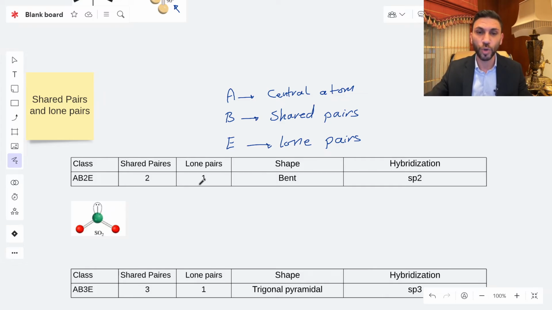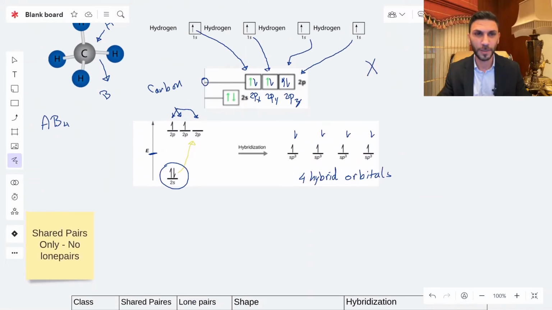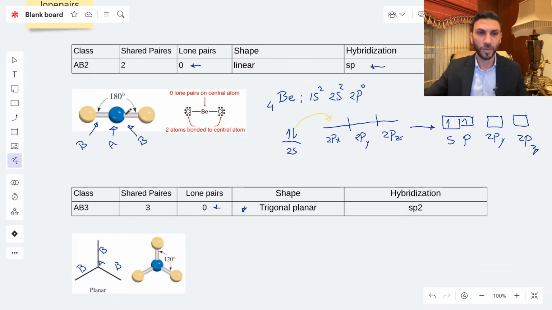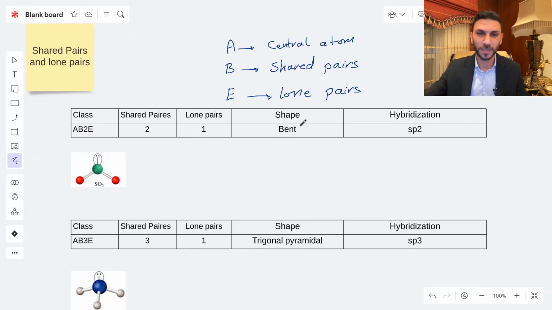And the shape is no more linear. If you check this molecule, it doesn't have any lone pair, the lone pairs were 0. But once it has one lone pair, this lone pair will push the shared pairs down, and it will be bent.